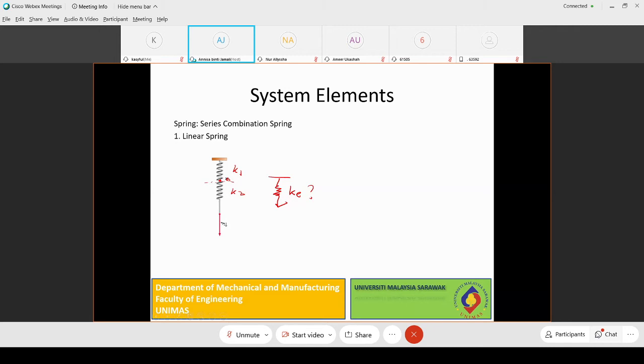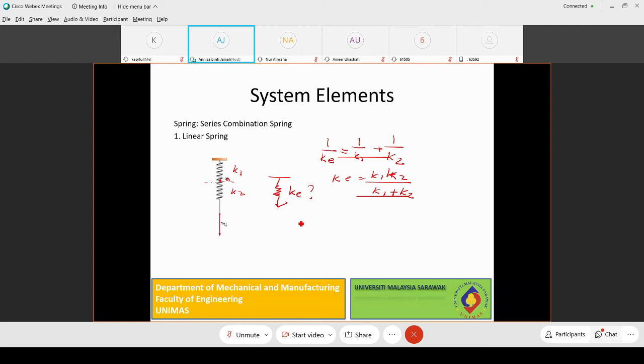This KE value for the linear springs in series would be 1 over KE equal to 1 over K1 plus 1 over K2. So KE would be equal to K1 K2 over K1 plus K2. This is only for two springs. If three springs, then you have to combine it, you have to add here and then find the value for this KE.